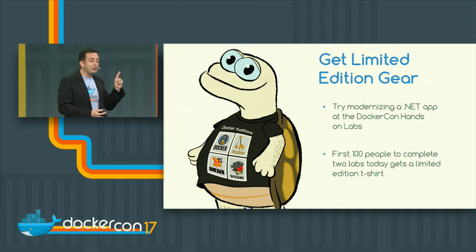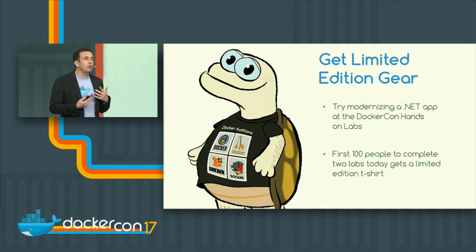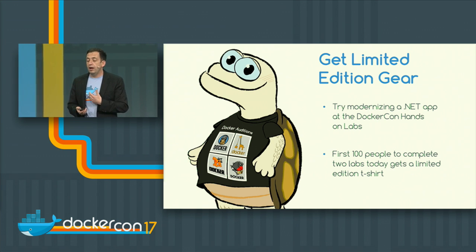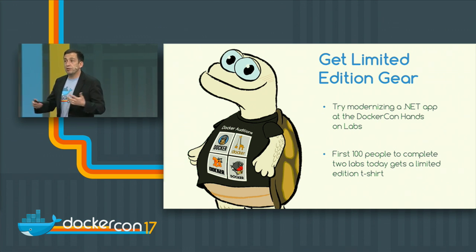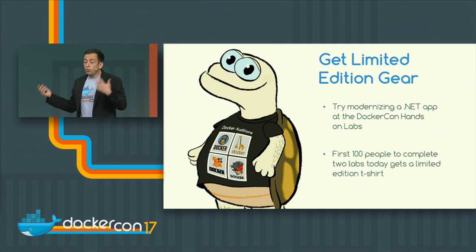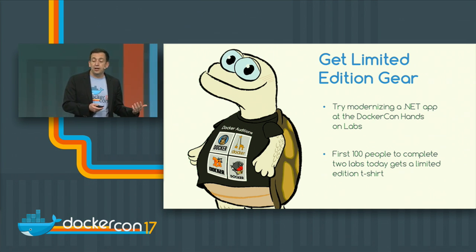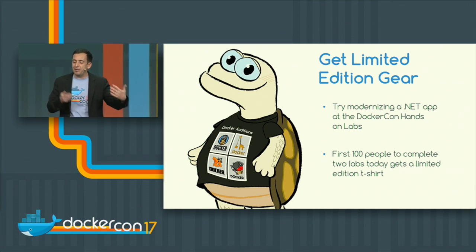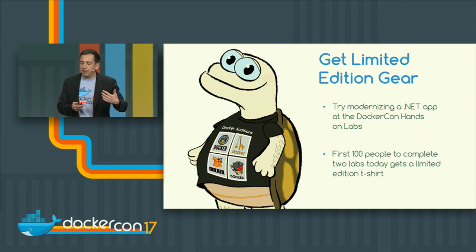But the gates are not open yet because we have one more use case to walk through, one more customer to walk through. And this is a customer whose story I find really inspirational because it brings together almost everything we've talked about today. They're dealing with old applications and newer applications. They're dealing with some applications from the 60s and some applications that were built over the past couple of years.